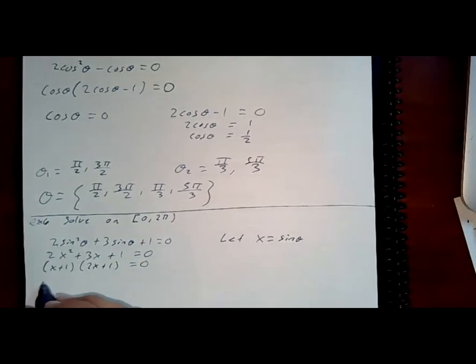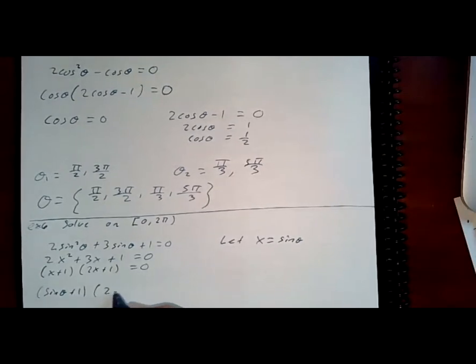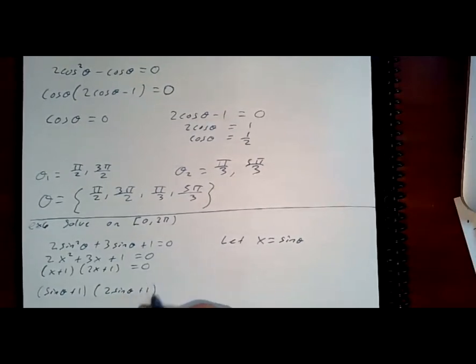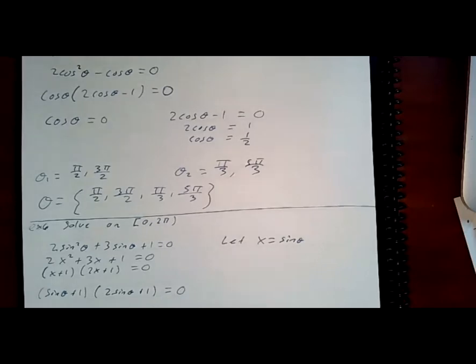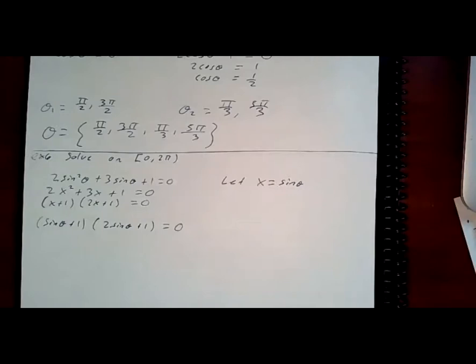So really, we're supposed to say sine theta plus 1 times 2 sine theta plus 1. See how it's the same deal? Then just set these equal to 0 and solve for theta, and you're done.